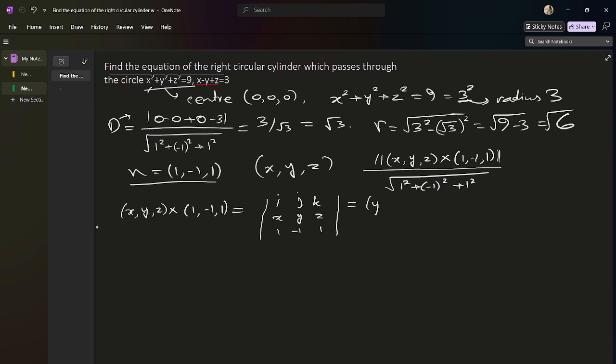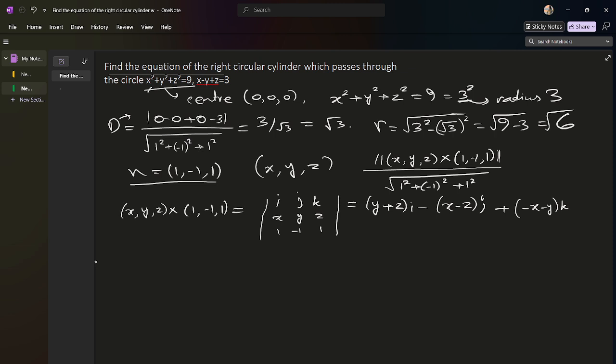So it is (y plus z) i, as y into 1 equals y and minus of minus z will be plus z. Similarly, it will be (x minus z) j, plus, then minus (x minus y) k. Okay, this is our cross product.